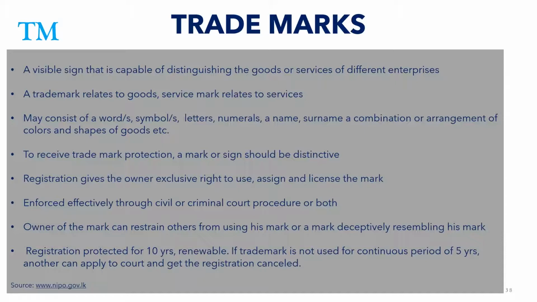So it can be a word, it can be symbols, it can be letters, numbers, a name, a surname. A combination of this arrangement is also possible, and it can come in various colors, shapes, all of that, right?